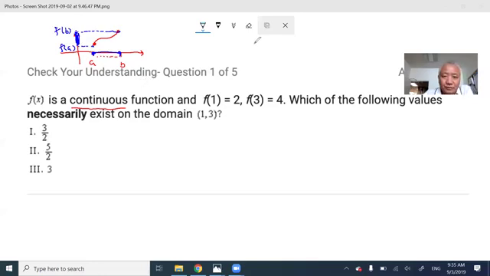Let's go back to the extreme value theorem. If the function domain is A to B, and the function goes from here, to here, to here, like this, okay?